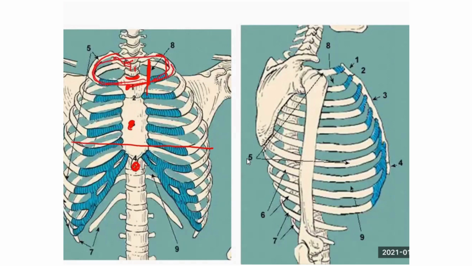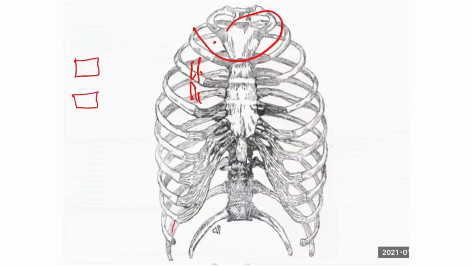Thoracic inlet. At this level, you should remember a fascia called Sibson's fascia, which extends from the transverse process of C7. This is T1, right? Cervical vertebrae are C1 to C7. Next is T1. Here you will have the lungs, covered by pleura.